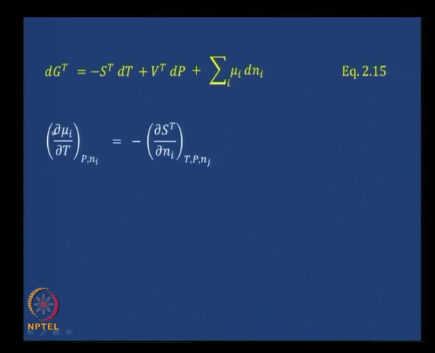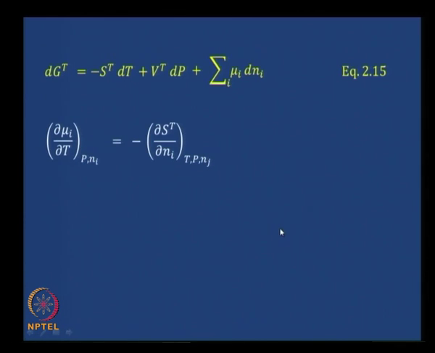Let me repeat this, ∂mu i/∂T at constant P and all other ni equals minus ∂St/∂ni at constant T, P and all other nj's which are different from i.